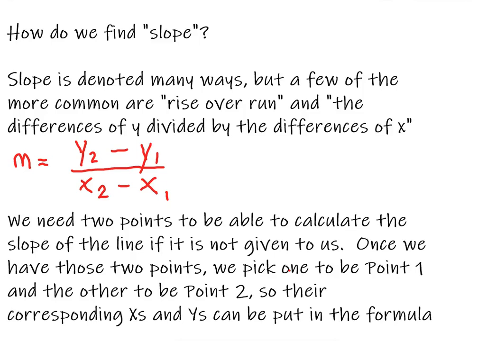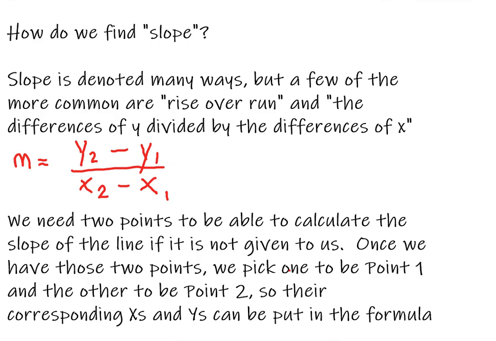Welcome, ladies and gentlemen. I am going to do a brief review about finding slope. Slope is denoted in many ways. One of the more common ways is to talk about rise over run, or the difference of the y's divided by the differences of the x's.